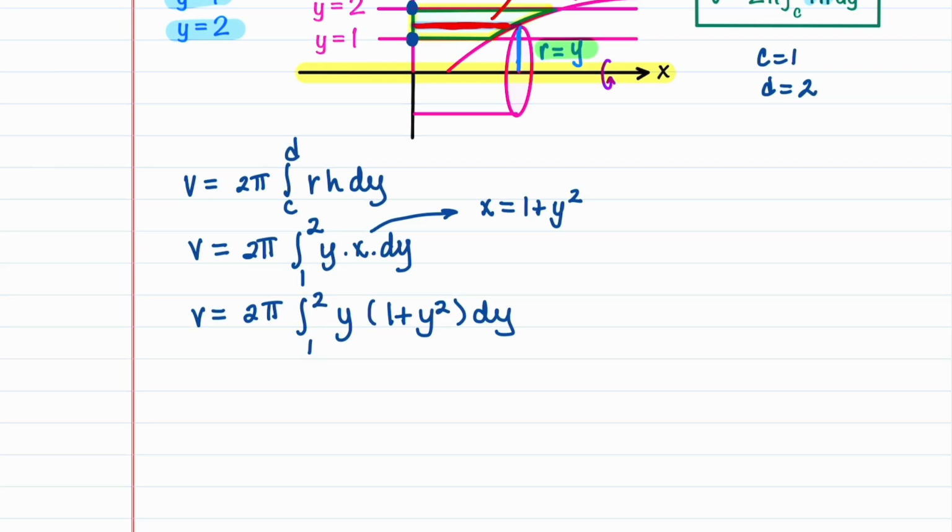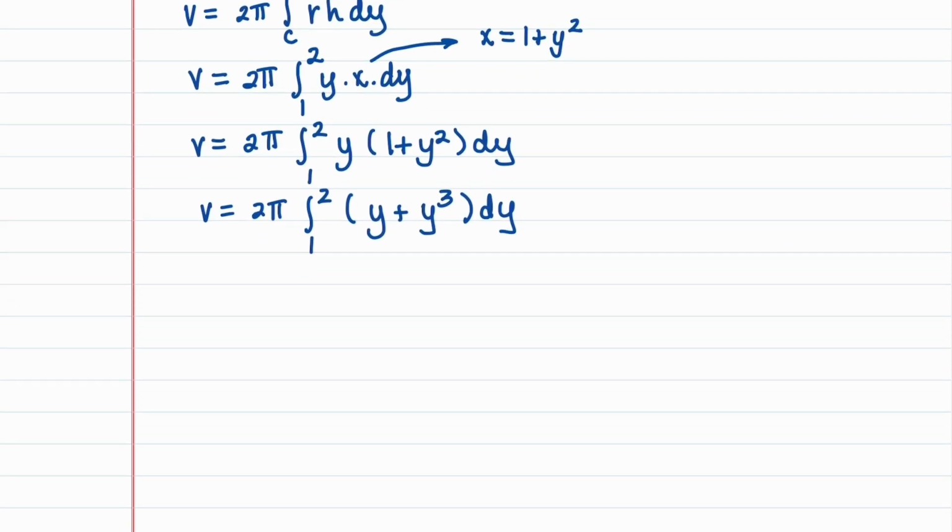Before we integrate, let's go ahead and multiply this out. We have 2 pi times the integral from 1 to 2. Inside, we have y plus y cubed times dy. Now we can go ahead and integrate. This is 2 pi. We have y squared over 2 plus y to the 4th over 4.